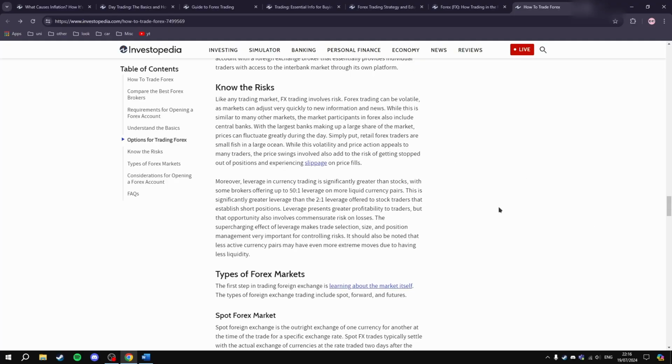So understand the risk of trading Forex. Forex trading can be volatile as markets can adjust very quickly to new information and news. While this is similar to many other markets, the market participants in Forex also include central banks, with the largest banks making a large share of the markets. Prices can fluctuate greatly during the day, so retail Forex traders are small fish in a large ocean.